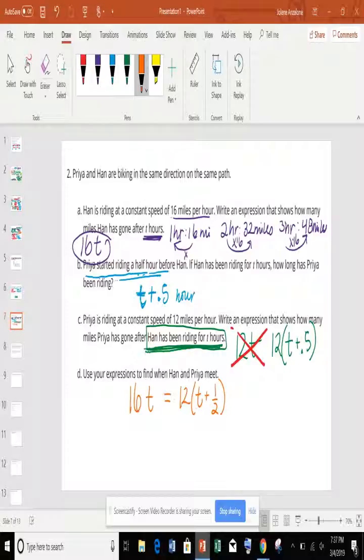Whatever feels easier to you for solving. And I will tell you the answer, I'm not going to write it down, but the answer is Han rides for 1.5 hours, Priya rides for 2 hours. Now, even though I'm telling you the answer, I expect to see your work on that paper to get your points.